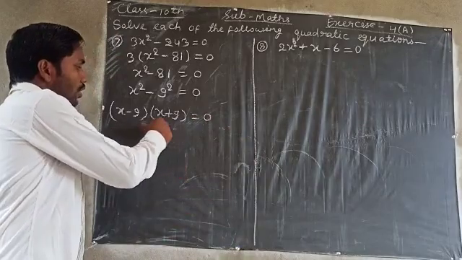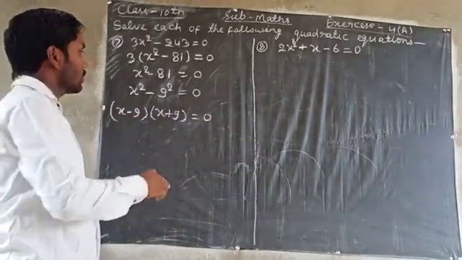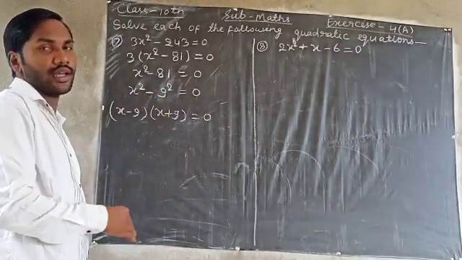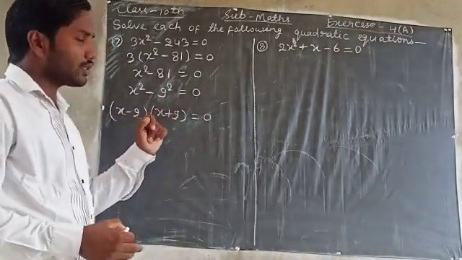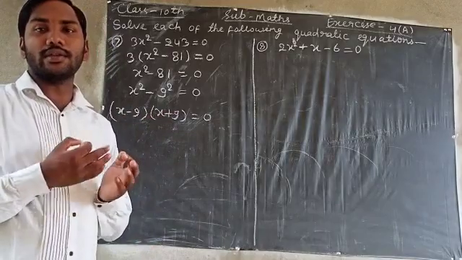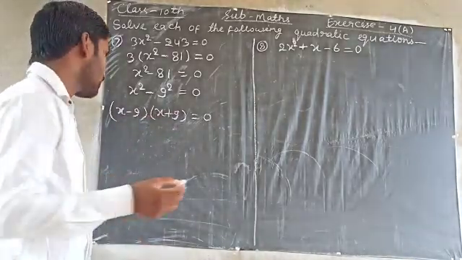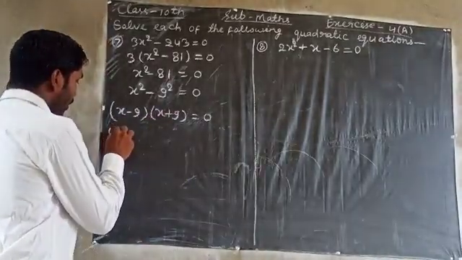So now these are the two factors of x square minus 9 square. When we take them separately, we can find the value of x. Just see how.